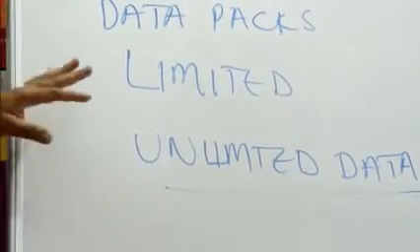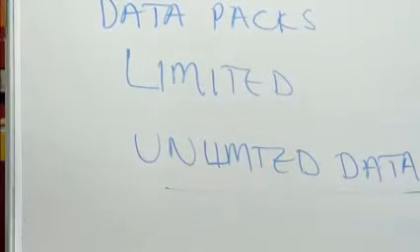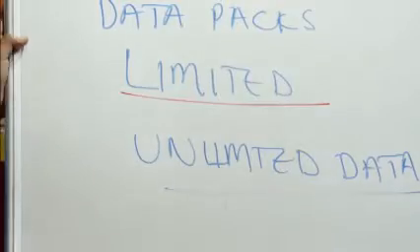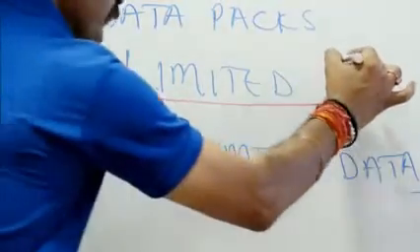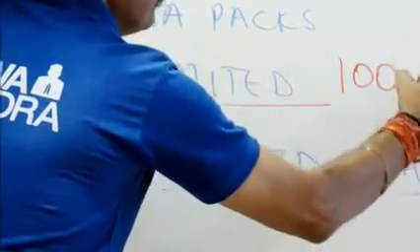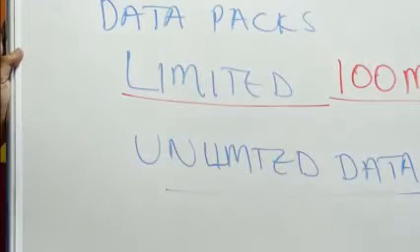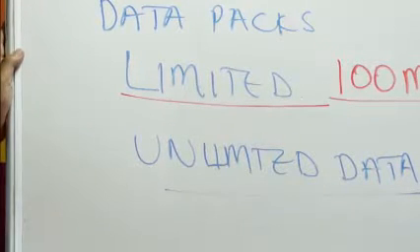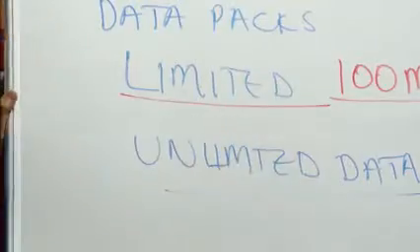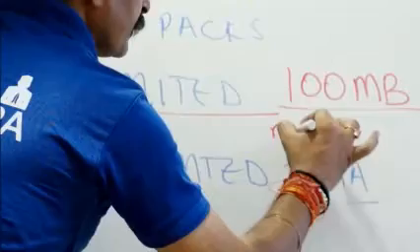The difference between the limited data packs and unlimited data packs is that on a limited data pack, whatever is the quantity which has been given, suppose let's assume you have taken a 100 MB pack. After 100 MB of usage, your speed will not go down, but if you have money in your main account, it will start using from the main account.